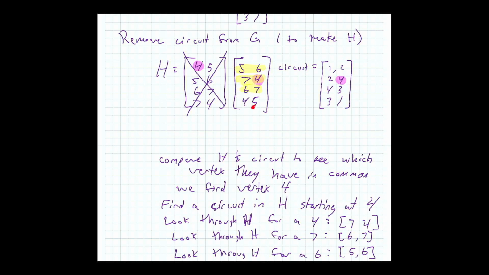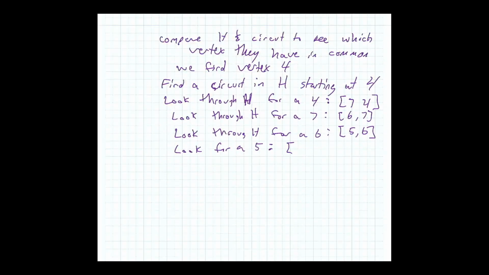You're going to find the last one, 4, 5. And then you're done because you're back at 4, and that's a circuit because we were starting at 4 and ending at 4. Done because that's a circuit.